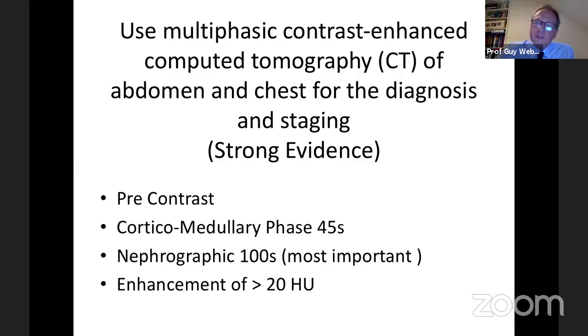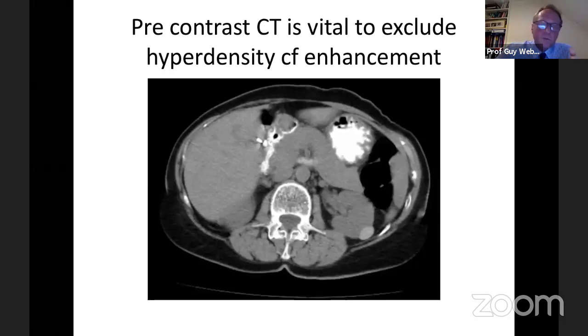And what we're looking for is significant enhancement of more than 20 Hounsfield units, which is the category that the radiologists use to show how dense a lesion is. And the pre-contrast CT is vital to exclude hyperdensity. So this CT, this axial CT, shows a patient with a lesion in the posterior aspect of the left kidney, which is hyperdense.